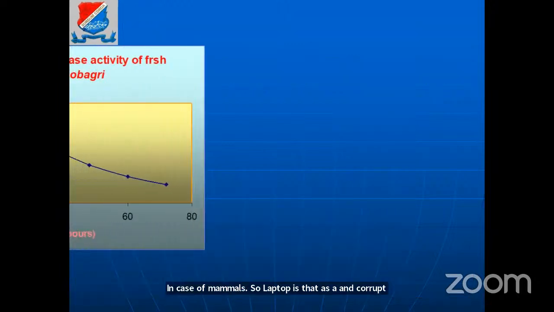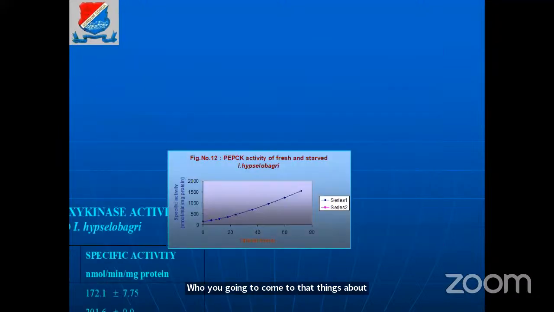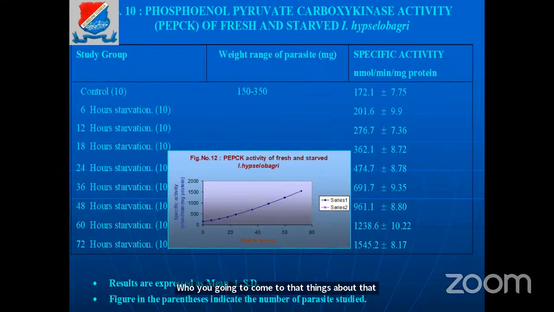Now we come to phosphoenolpyruvate carboxykinase activity, the turning point from phosphoenolpyruvate to oxaloacetate. PEPCK activity is very much increasing from 172 to 1545 nanomole per minute per milligram protein during the starvation period.